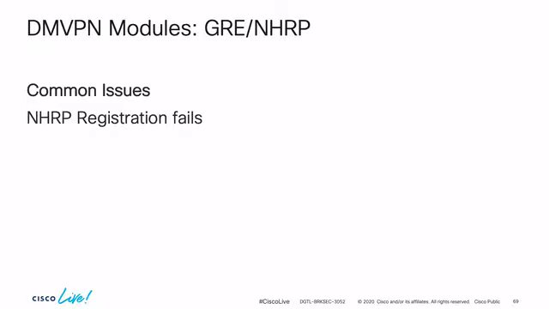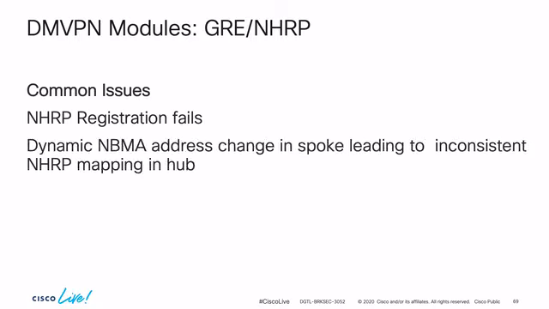Another common issue is a dynamic NBMA address change in a spoke, which leads to an inconsistent mapping entry in the hub for the specific spoke. Let's delve deeper into each of these issues.